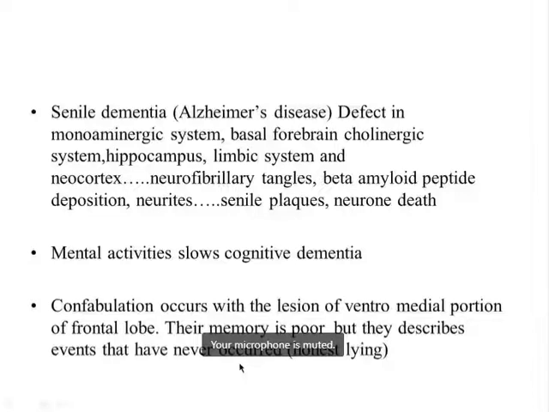Senile Alzheimer's disease is a pathophysiology, and confabulation is also a pathophysiology. The person is telling a lie without knowing that he is telling a lie. When we lie, we know we are lying. Am I clear? But in confabulation, the person does not know that he is lying. Am I clear? Yes, sir.